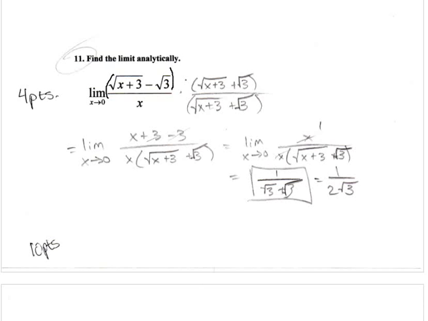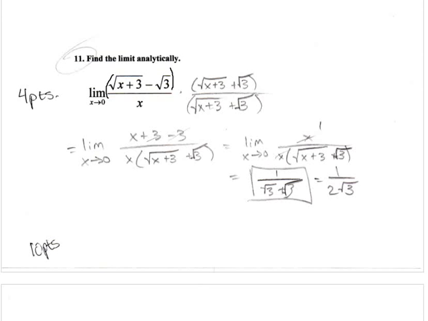So we multiply square root of x plus 3 minus square root of 3 by the square root of x plus 3 plus the square root of 3, so there's a difference in signs of a positive and a negative there. That will give us a difference of perfect squares.